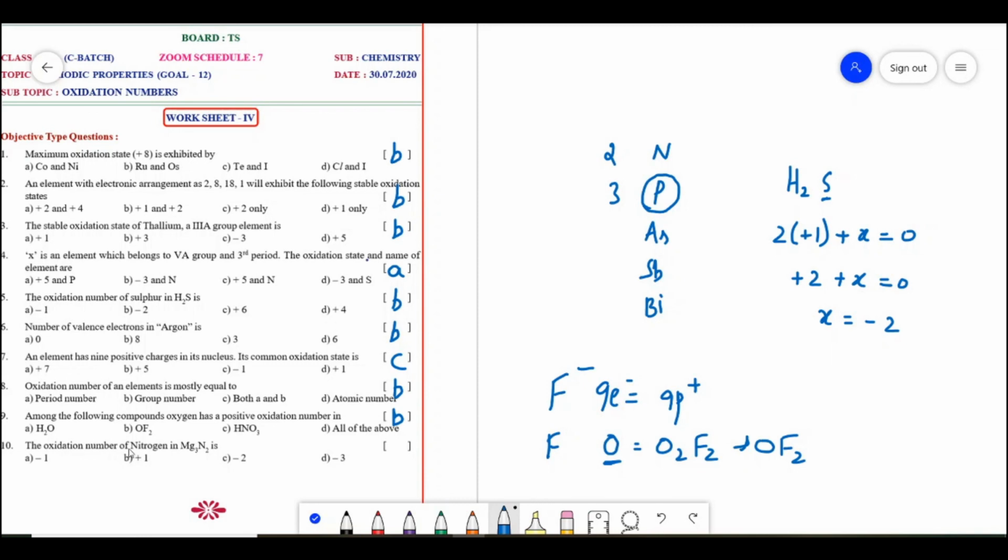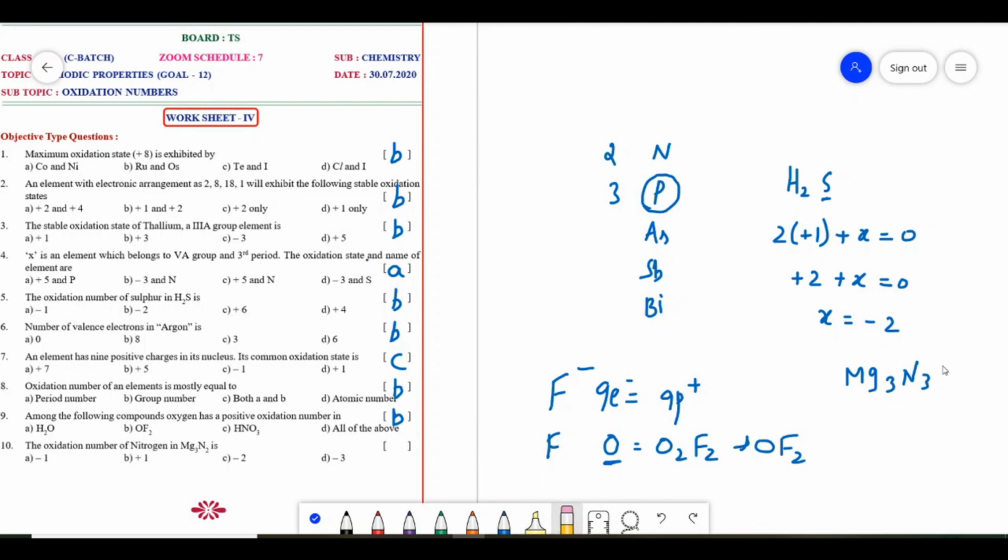Next, the oxidation state of nitrogen in Mg3N2 is... Magnesium is second A group, so second A group elements will always show a +2 oxidation state. There are 3 magnesiums, 3 into +2, and 2 nitrogens, 2x equal to 0.